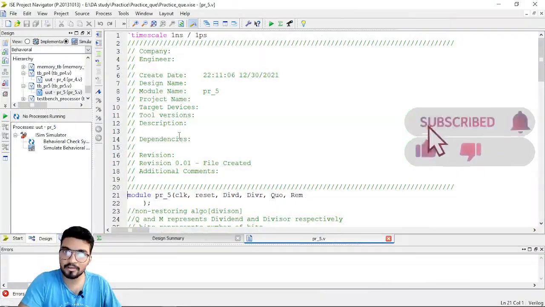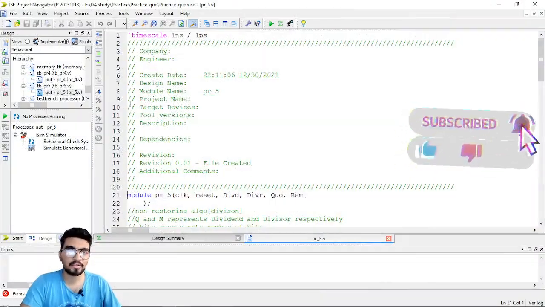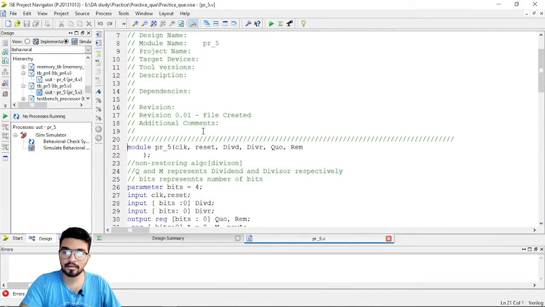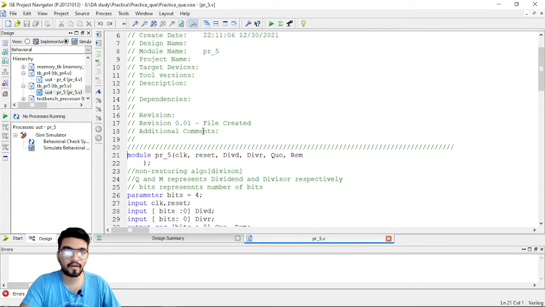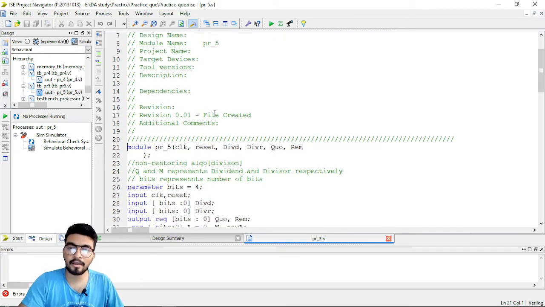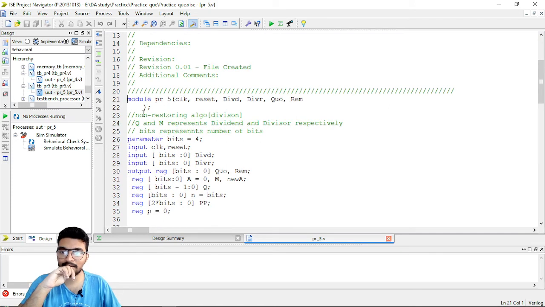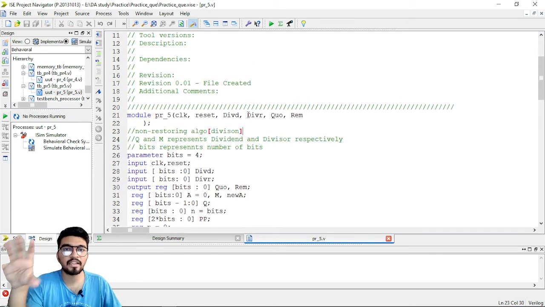As you can see on your screen, I have the ISE Project Navigator. Basically this is a tool from Xilinx for Verilog code implementations. This is the non-restoring algorithm division. I will first explain the input and output parts.